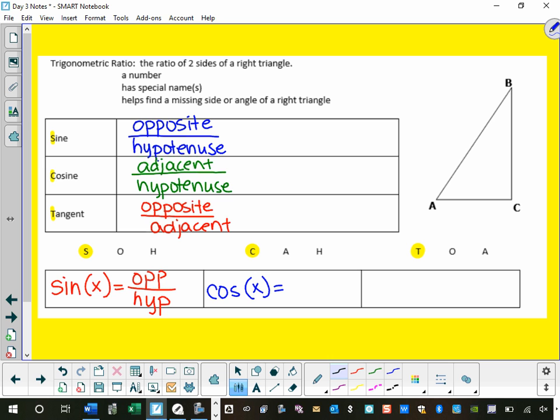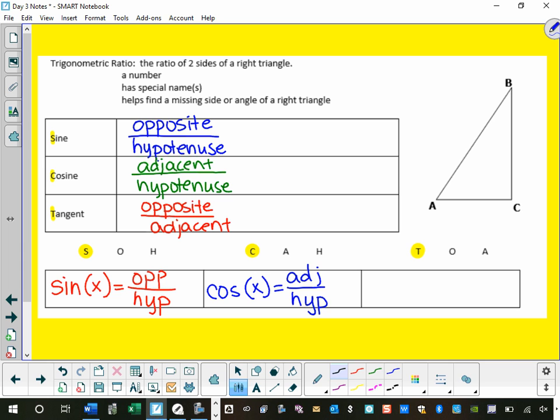Alright, and in this SOHCAHTOA, your first letter is your trig function. Your next two letters are telling you what to divide. So what is A over H, compared to these words that we already used? Adjacent over hypotenuse. Good. You guys struggle with that word so much.